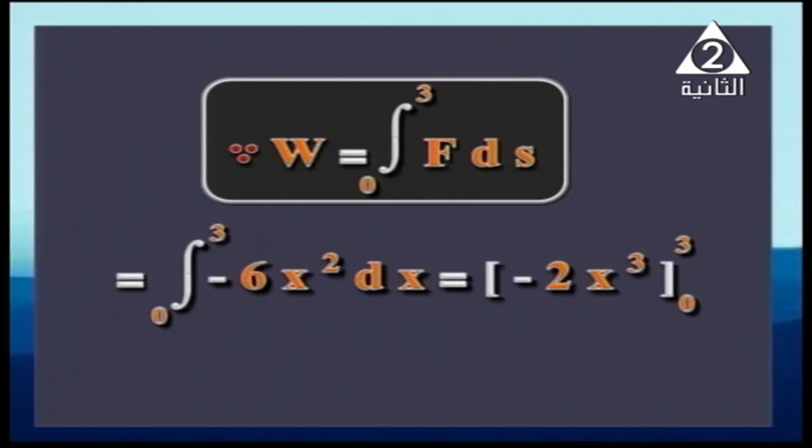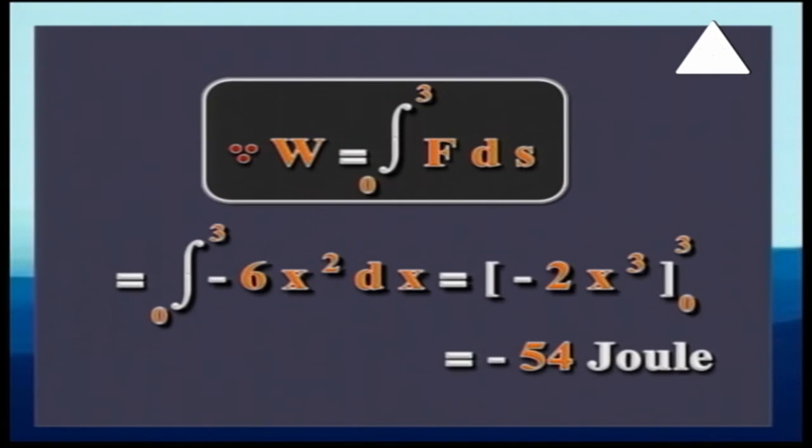What is F? F in this case equals negative 6x squared dx. By using integration, it equals negative 2x to the power 3 from 0 to 3. By substitution of x equals 3, the work done equals negative 54 joule.